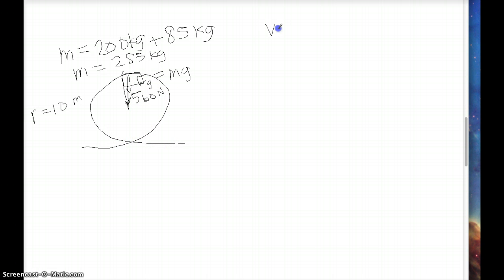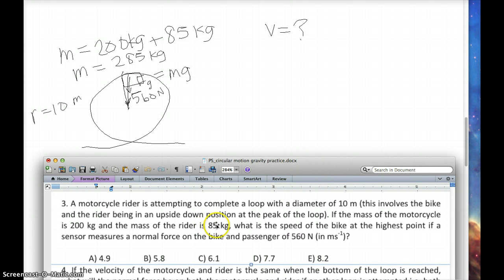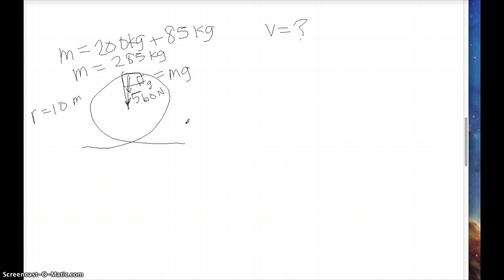We want the speed, and that's pretty much all we know. Let me double check. Oh, the diameter is 10 meters. Pardon me. So this is actually the diameter, which means the radius is 5 meters.